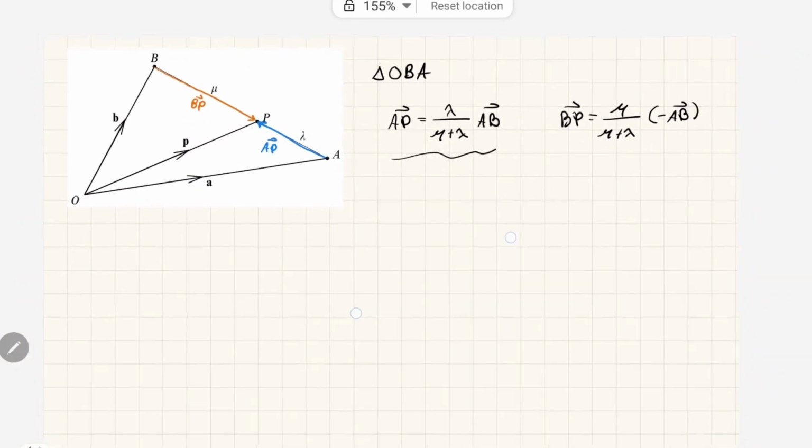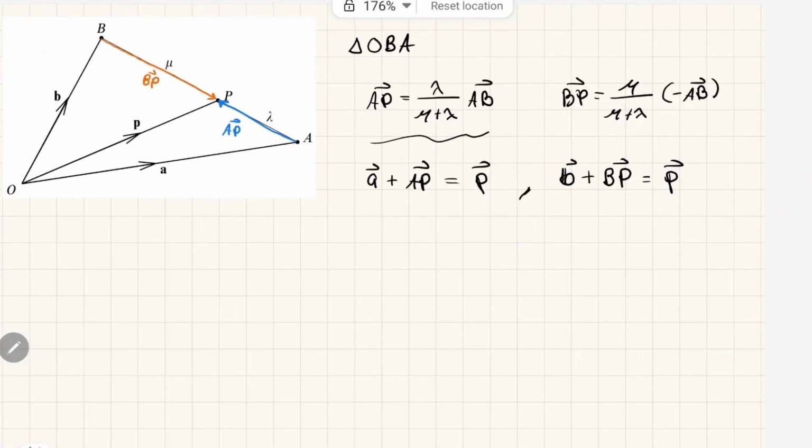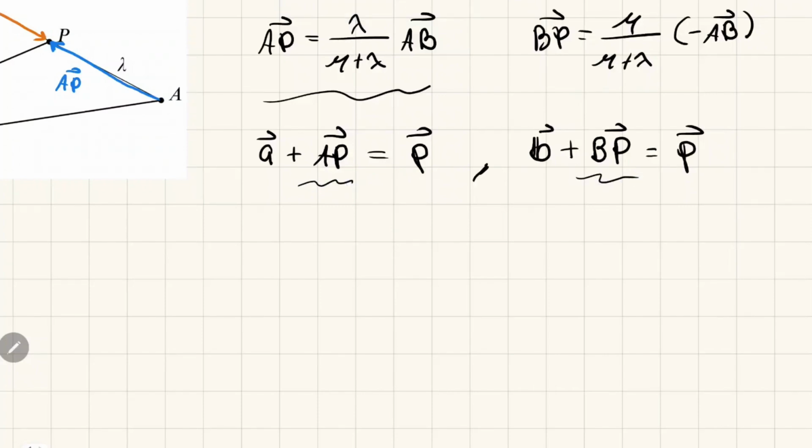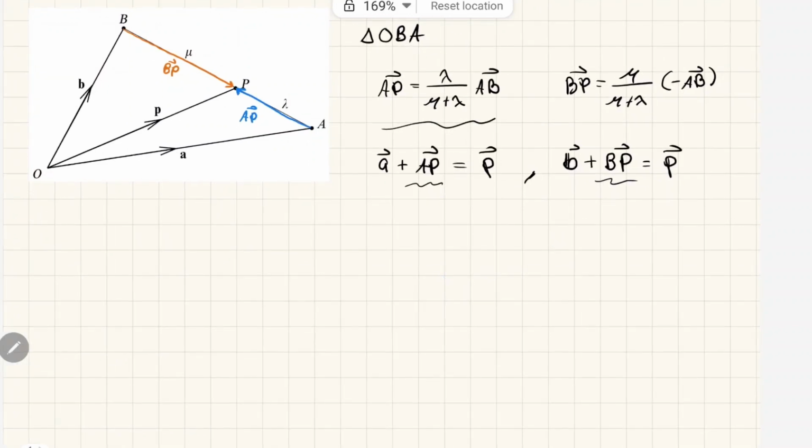Just by looking at the image and using some basic vector algebra, we know that A plus the vector AP should be equal to P. And again, from the image, we see that B plus BP is equal to P. Obviously we are interested in eliminating these vectors so that they will be in terms of A and B, using the relations that we found first.